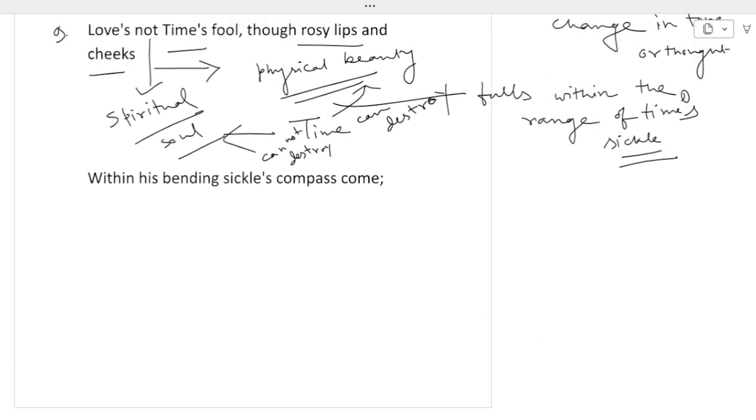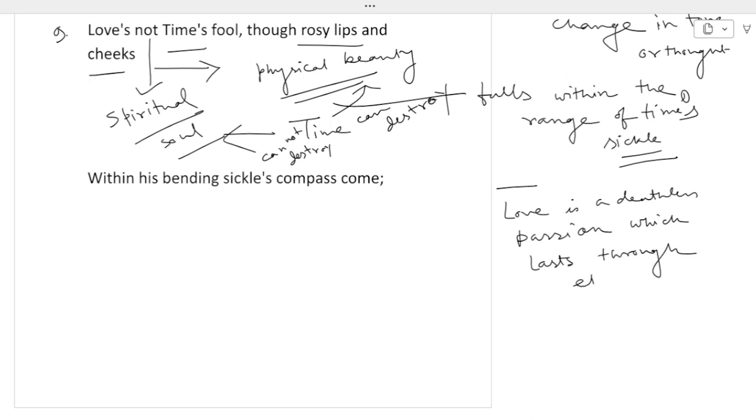So love is not bound by time, it is eternal. Time can destroy everything, lovely lips, rosy cheeks, but it cannot kill love. Love is a deathless passion which lasts through eternity.